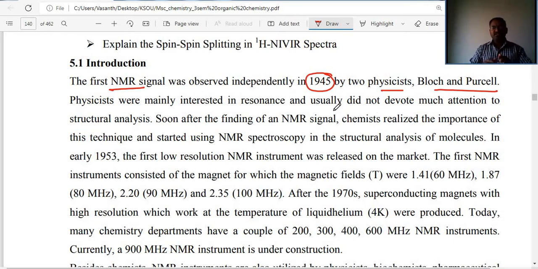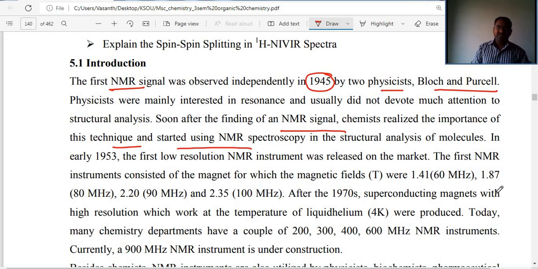The physicists were mainly interested in resonance and did not devote much attention to structural analysis. Soon after finding an NMR signal, chemists realized the importance of this technique and started using NMR spectroscopy in the structural analysis of molecules.